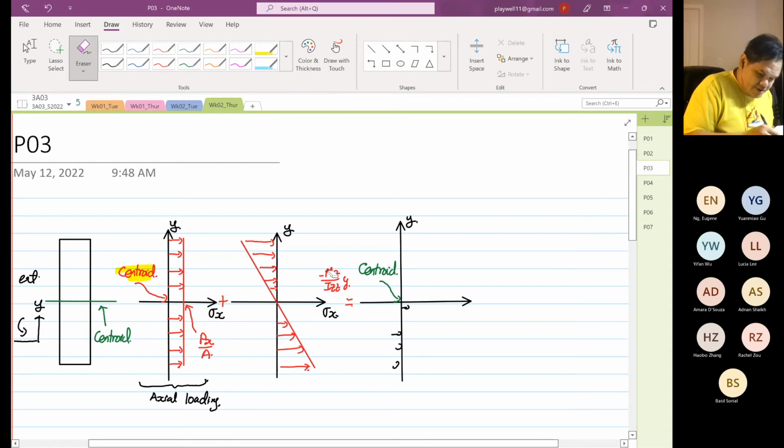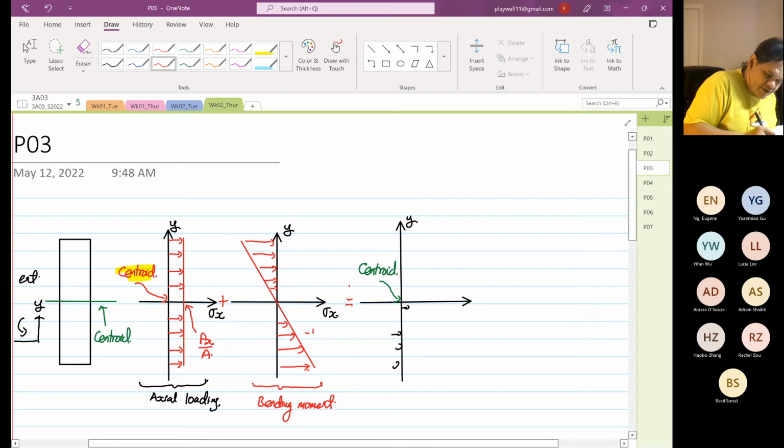Okay. And this is due to bending moment, where you have minus Mz over Izz times y.